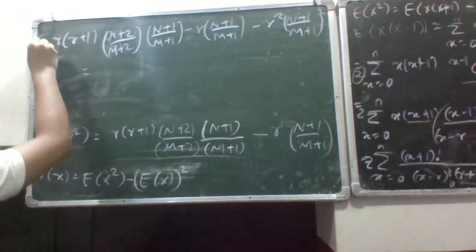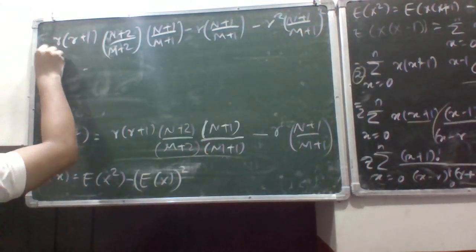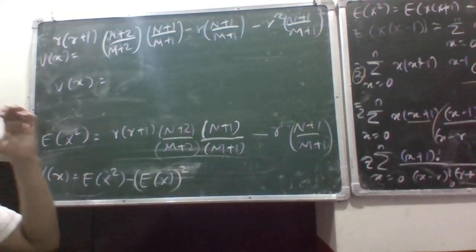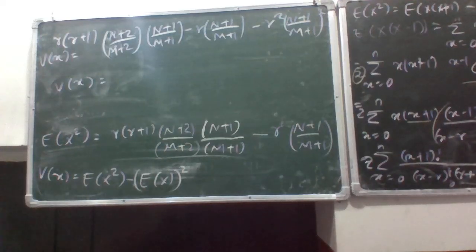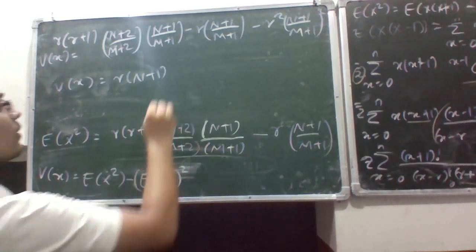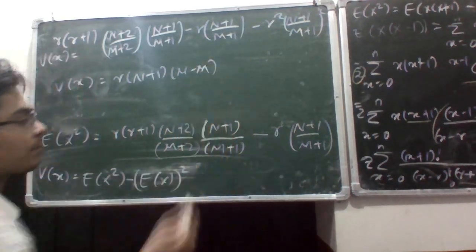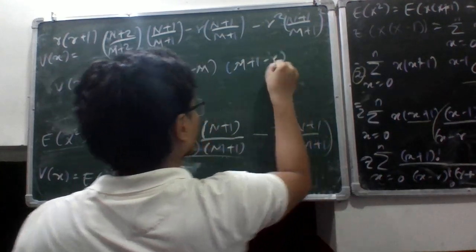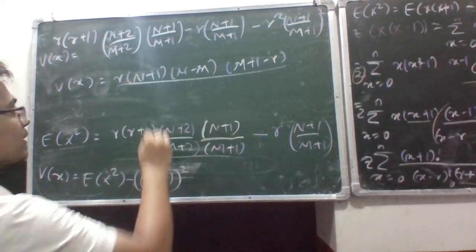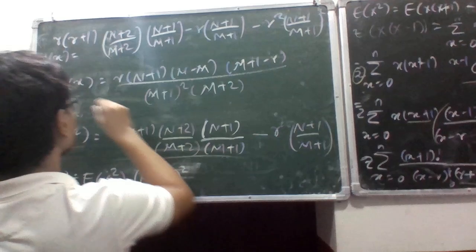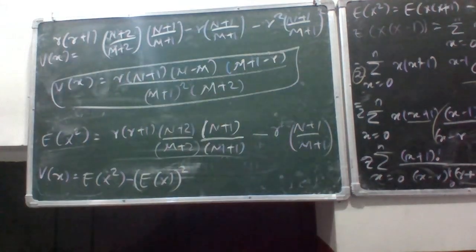Now this is what the variance is. On further calculation and cancelling, what we finally get as the variance is r times n plus 1 times n minus 1, m plus 1 minus r by m plus 1 whole squared times m plus 2. This is what we get as the variance.